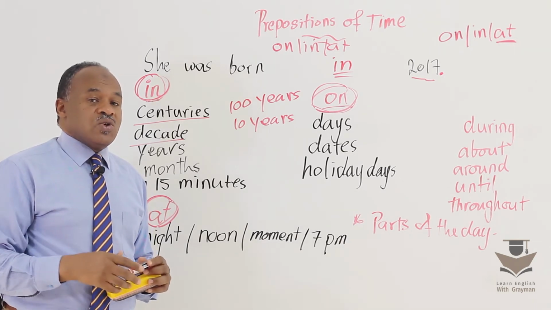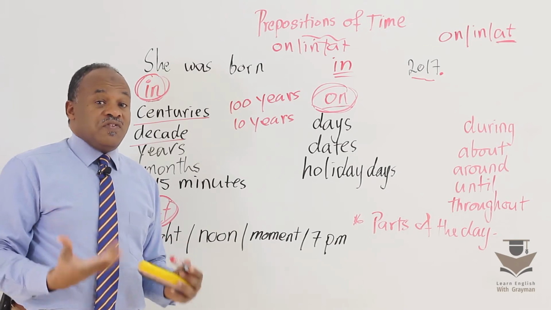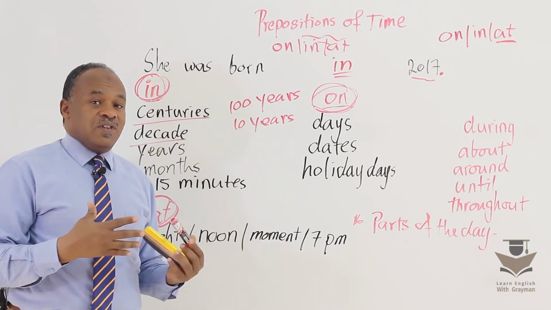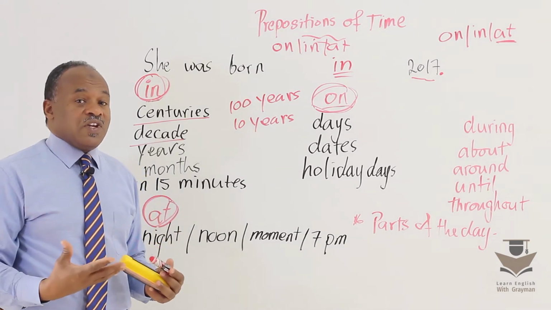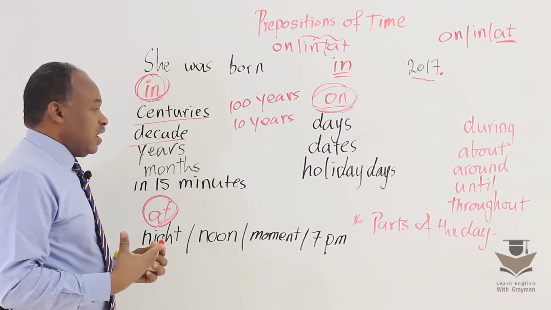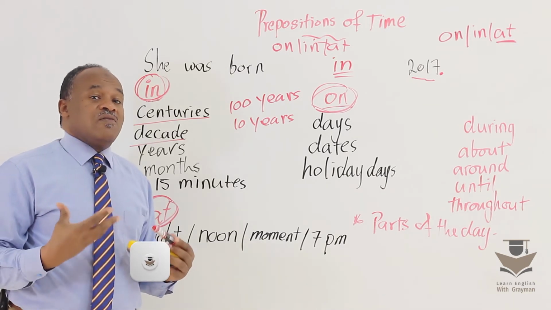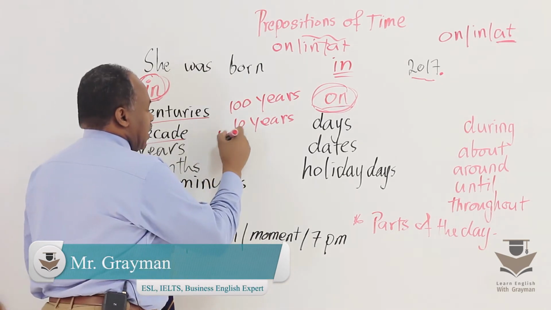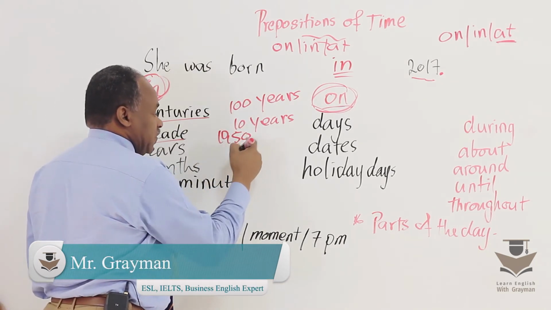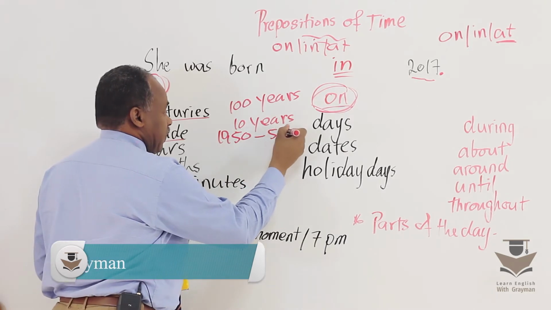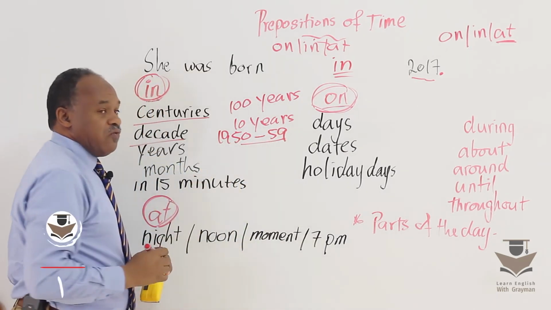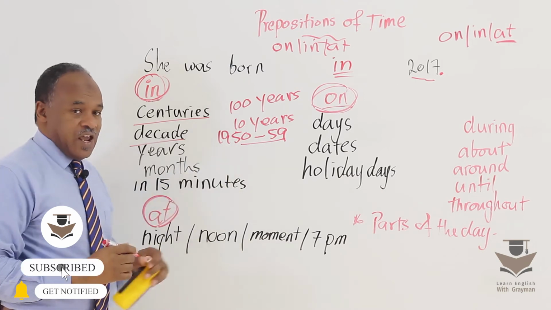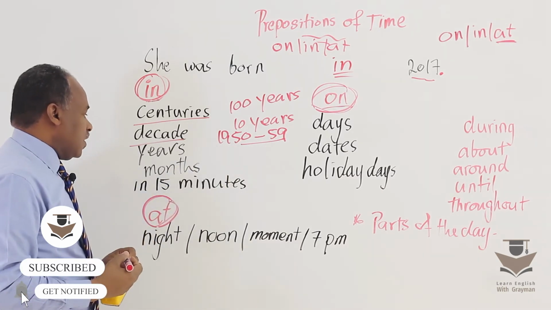My parents grew up in the 50s. They were young people, they got married in the 50s. So we say they grew up in the 50s, and that means from 1950 to 1959. They were very young in this decade. Okay, we say in the 50s.